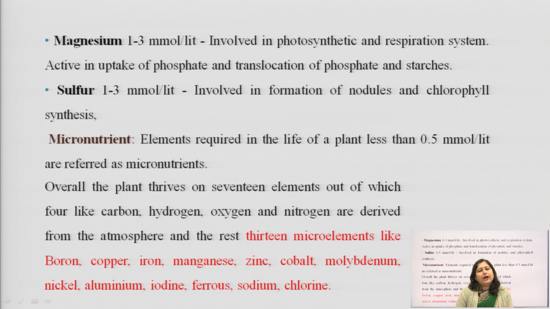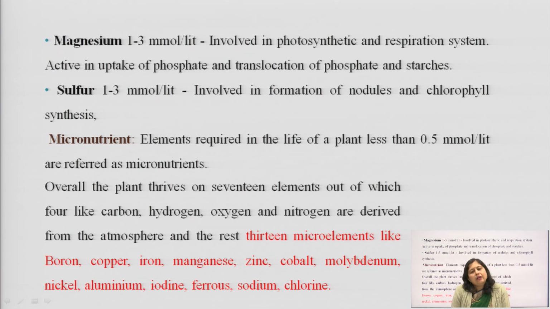Magnesium is required in a concentration of 1 to 3 millimole per liter. It is involved in the photosynthetic and respiration system. It is active in uptake of phosphate and translocation of phosphate and starches.